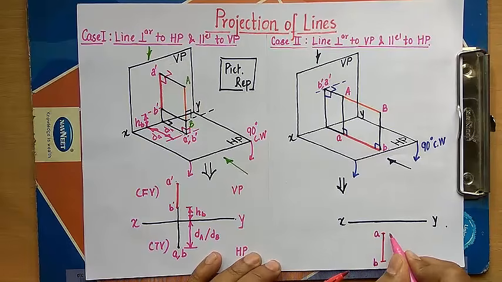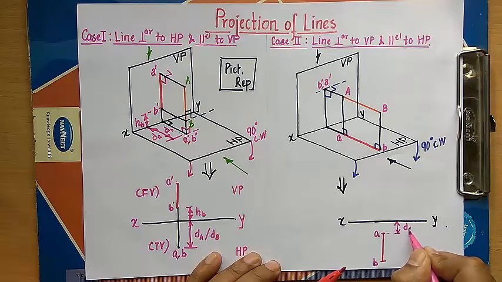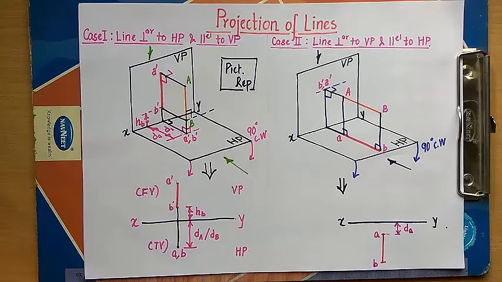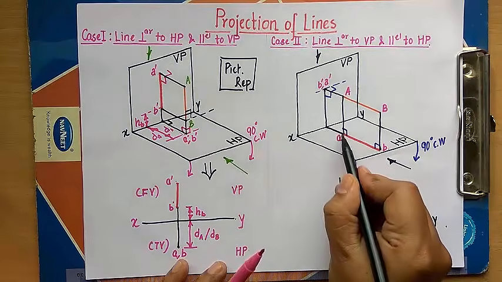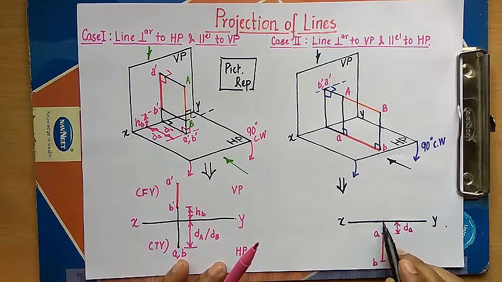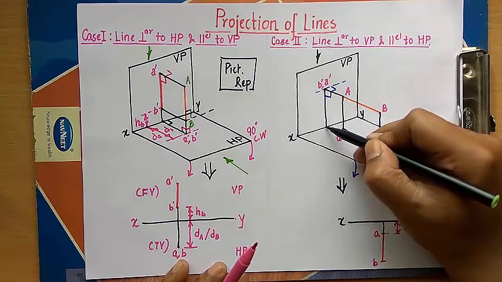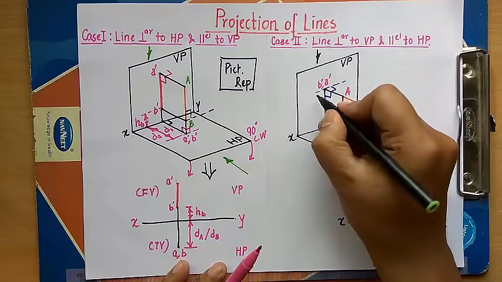I know the true length of the line, but how far this end point A is from the vertical plane, that is something that we need to know. So this is going to be dA. Alright, at the same time, you see this line over here, I'm going to go upstairs until it intersects this XY line somewhere here. I'm going to go above. Okay, so this height has to be known.